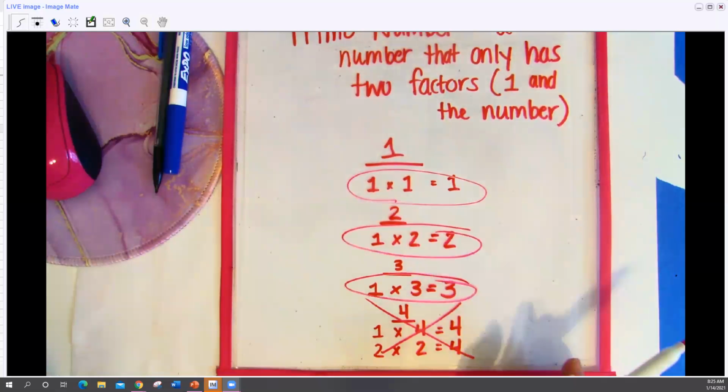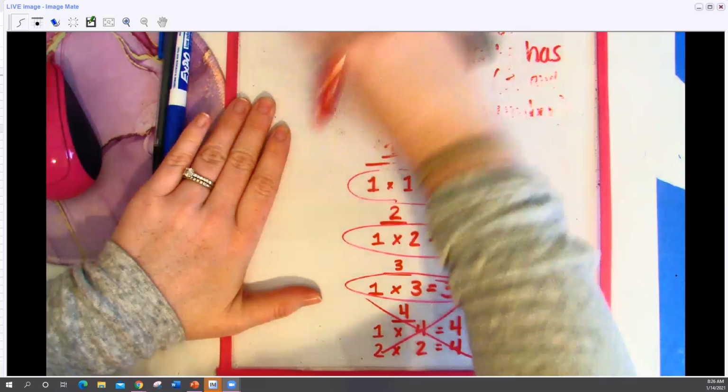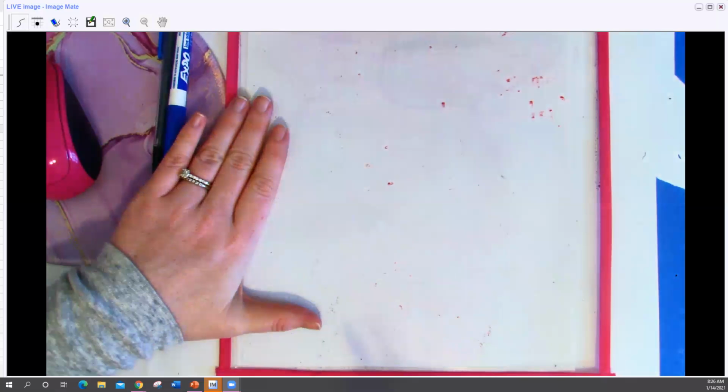It has 2. So when we have a number that has more than one equation or math sentence, that number is composite.